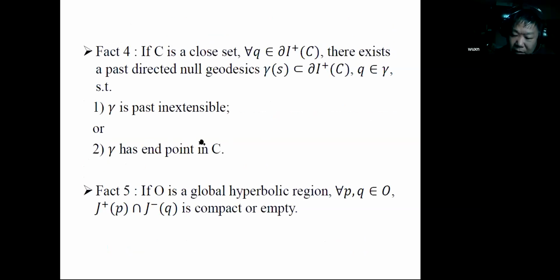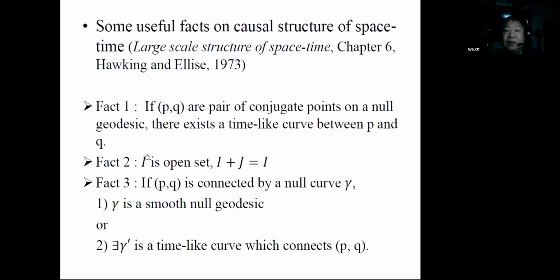The second one is that I means I plus or I minus is open, and then I plus J equals I, and this one is only a simple way to express it. The meaning of this equation is that if you have three points A, B and C connected by two parts of causal curves, maybe one part is time-like and the other part is time-like or null, then you can always perturb this curve to get another curve that is totally time-like.